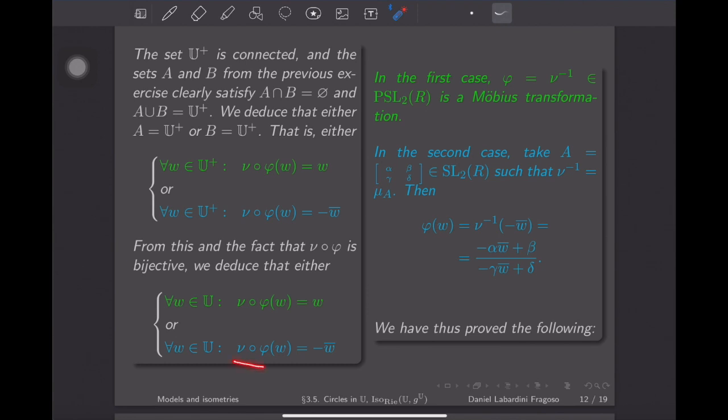Now from here, what I deduce is that phi of w is equal to nu inverse of minus w conjugate. And nu inverse is just a Mobius transformation: it's alpha times this plus beta, divided by gamma times this plus delta.